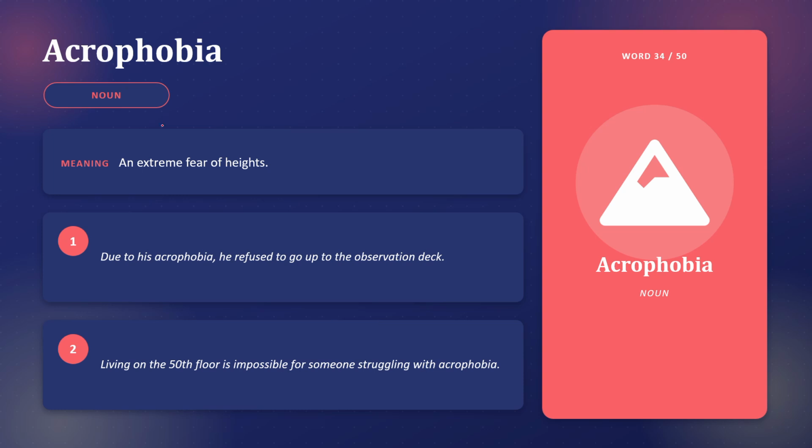Next, acrophobia. The word acro means height. Sorry for the handwriting.